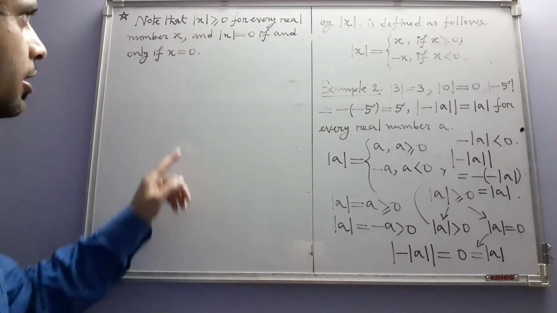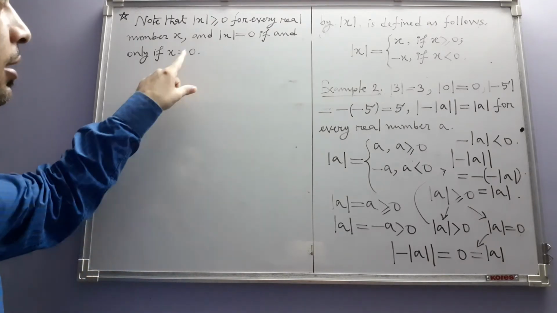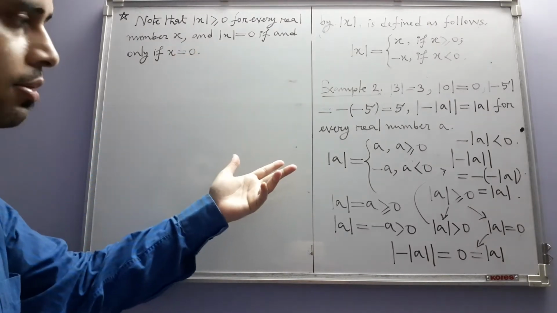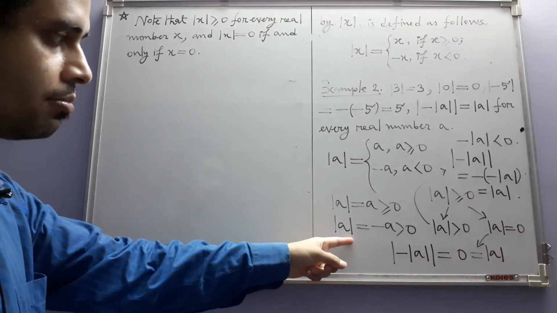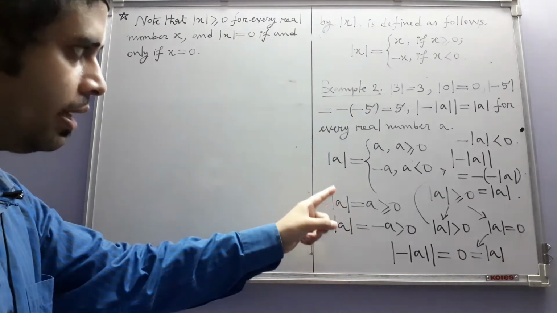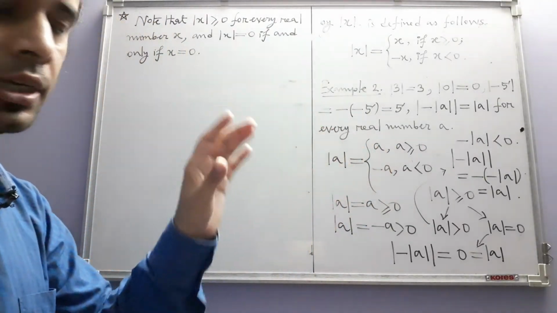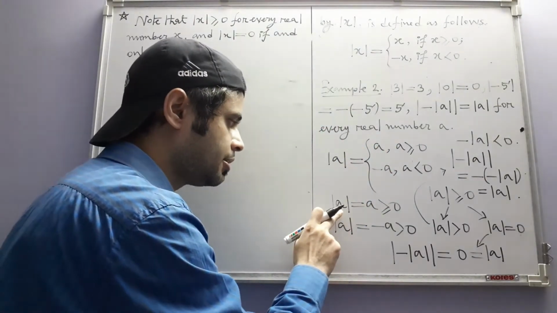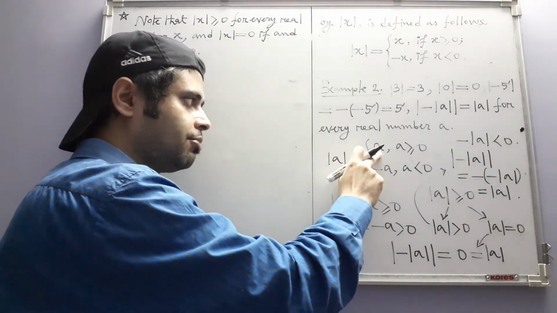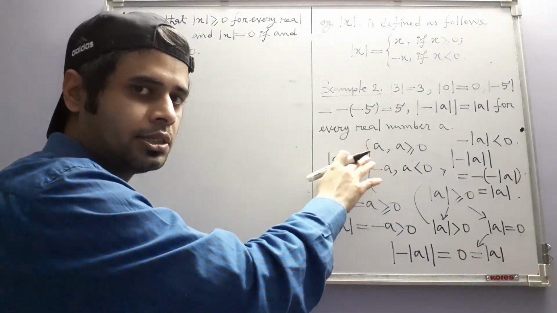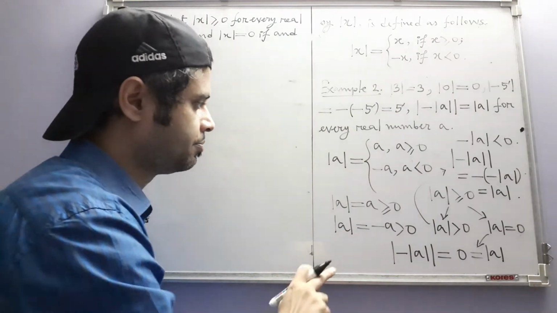That means for a non-zero real number x, absolute value is also non-zero. In fact, that we can see from here itself. If a is non-zero, that means a is either positive or negative. If a is positive, then by definition absolute value is a itself, which is greater than 0.